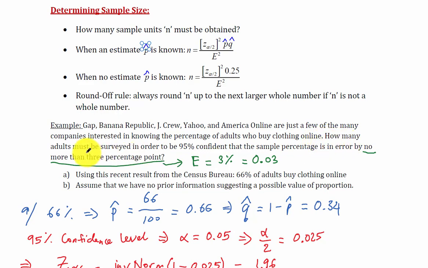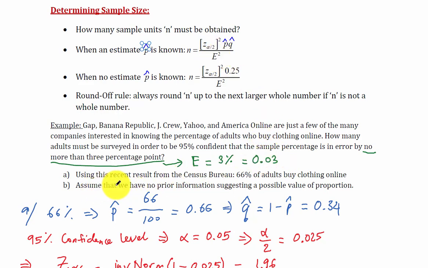How many adults must they survey in order to be 95% confident that the sample percentage is in error by no more than 3 percentage points? So we know that we want the margin of error to be at most 3%, and 3% is 0.03 in decimal form when we plug into this formula.